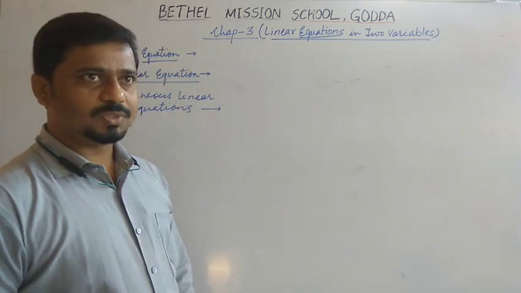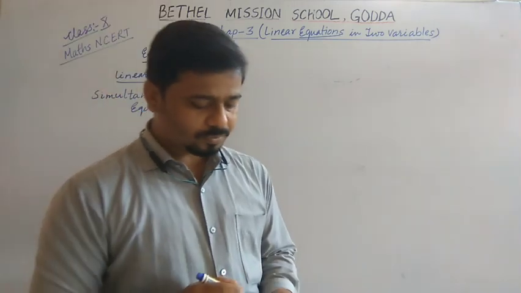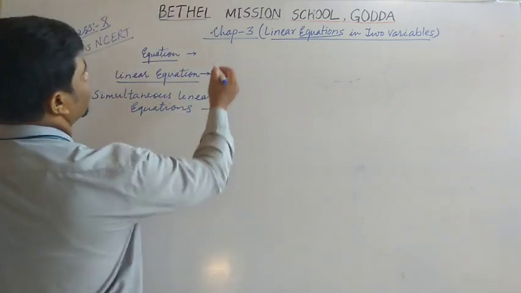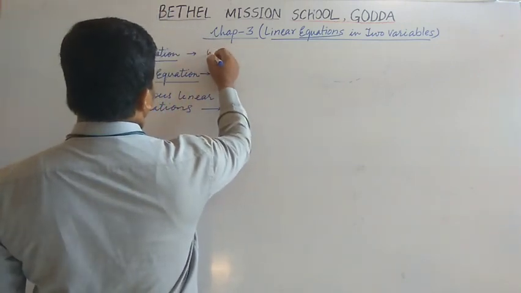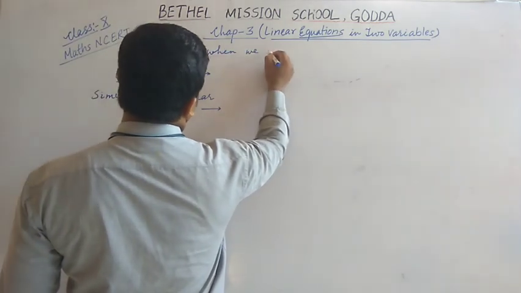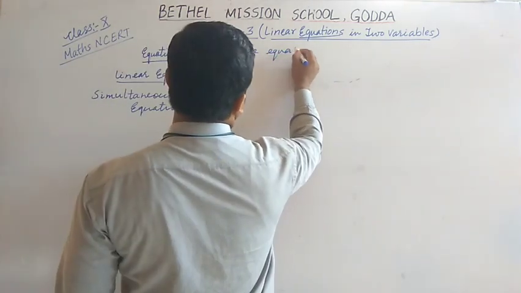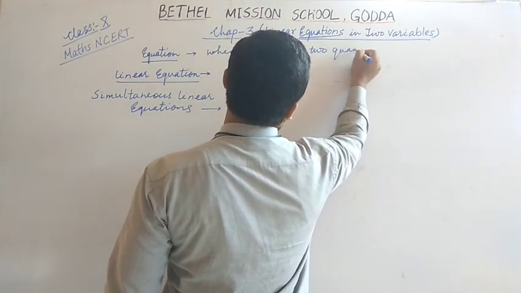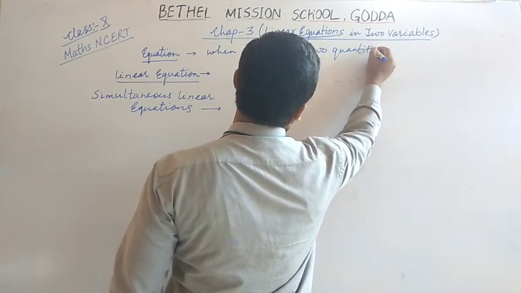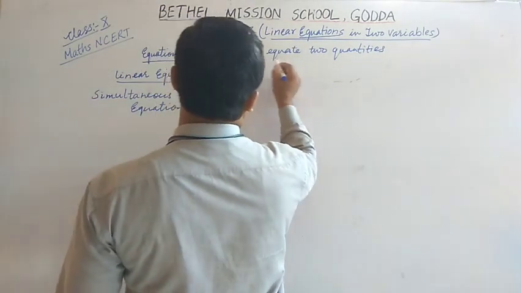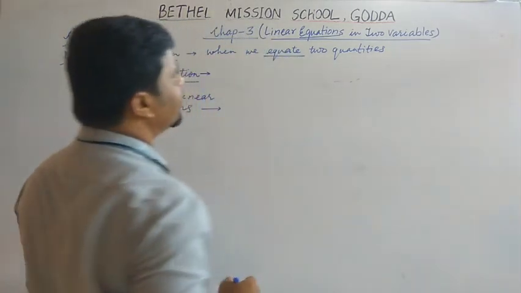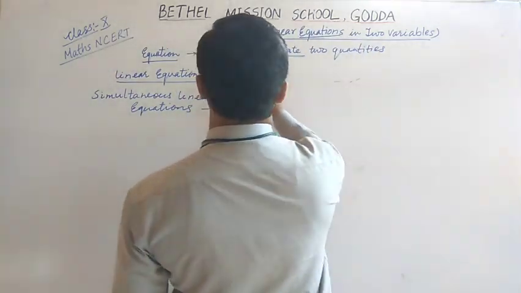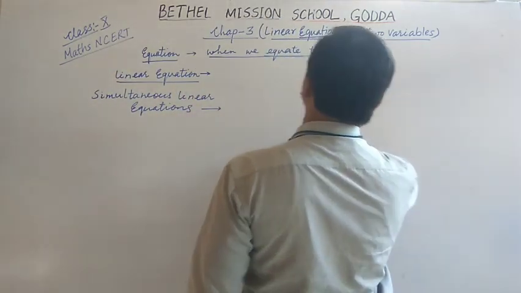What is equation? You know, equation means the comparison of two quantities by equating. When we equate two quantities, this equating of two quantities is called equation.